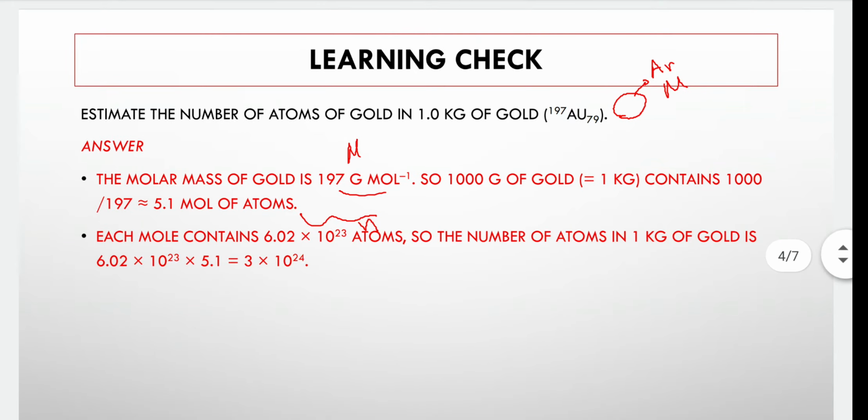So the molar mass for gold equals 197. 1 kilogram of gold equals 1000 grams, and that means that you have to change it into moles. So the number of moles equals the mass over the molar mass.